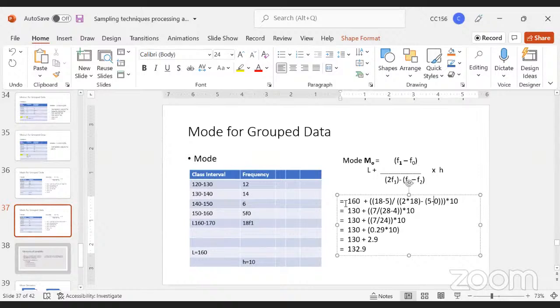Okay. So who is getting an answer for this? Anyone ready with the answer? 164.19. Great. Let's see if somebody else also gets the same answer. 164.19.